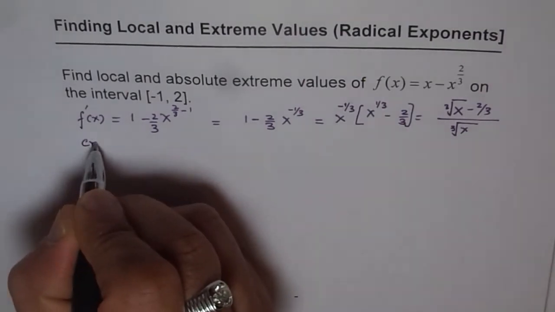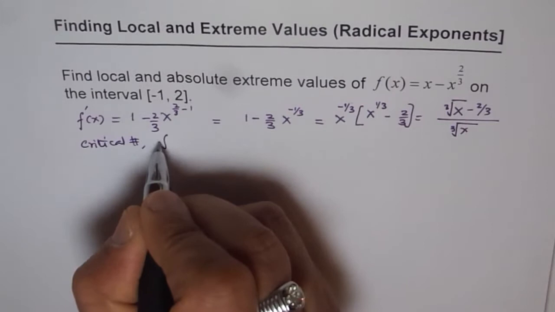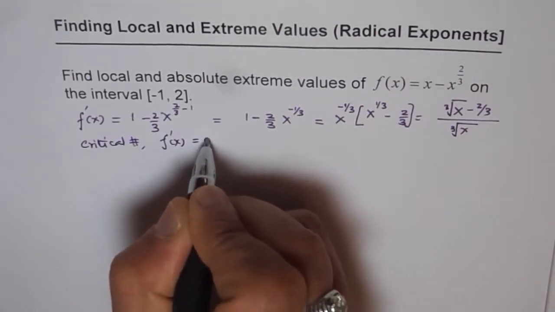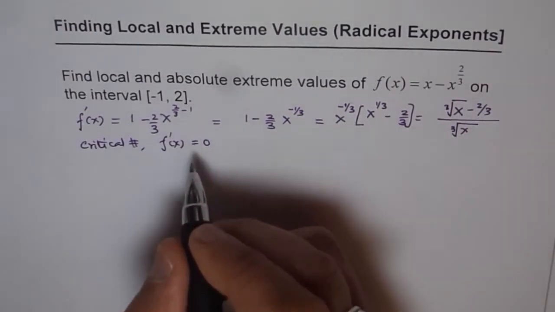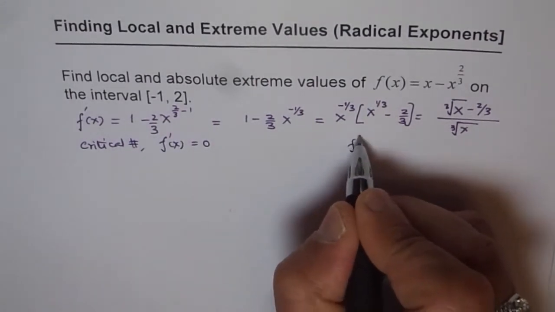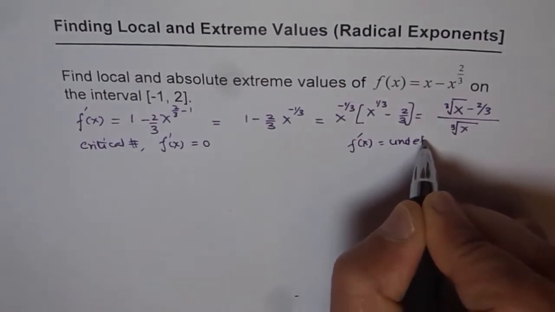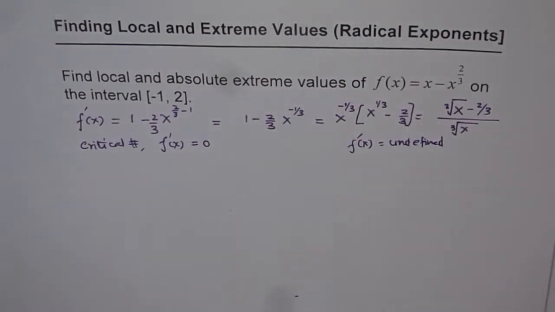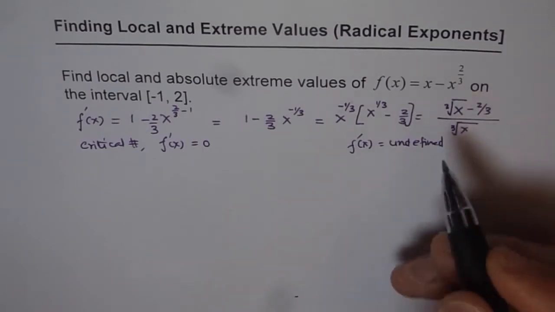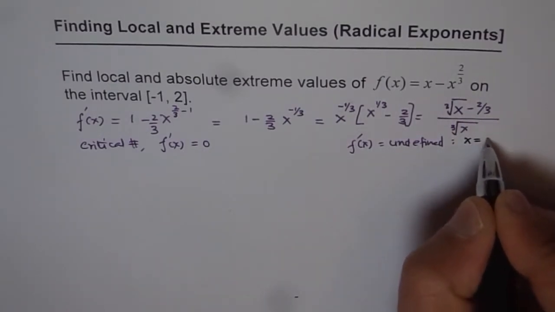So let's find critical numbers. Critical numbers are where f dash x is equal to 0 or undefined, right? So we have two values. Let's say f dash x is undefined. As you can see from here, for undefined, the denominator should be 0, so that is at x equals 0.